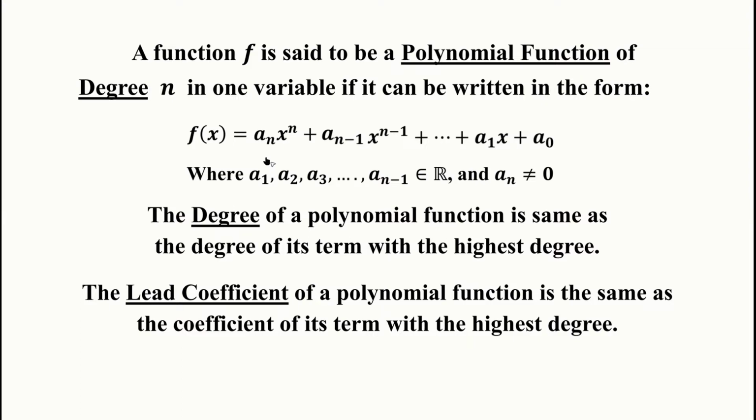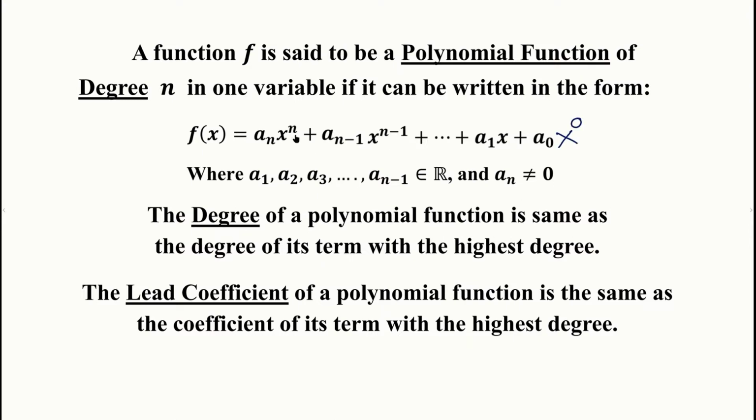So notice that the degree of a term in a polynomial is simply the exponent of the variable, and so that means this is an nth degree term, this is an n minus 1th degree term, this is a first degree term, and remember that a_0 can be written as a_0 times x to the 0, because as we all know, the 0th power of x is just 1.